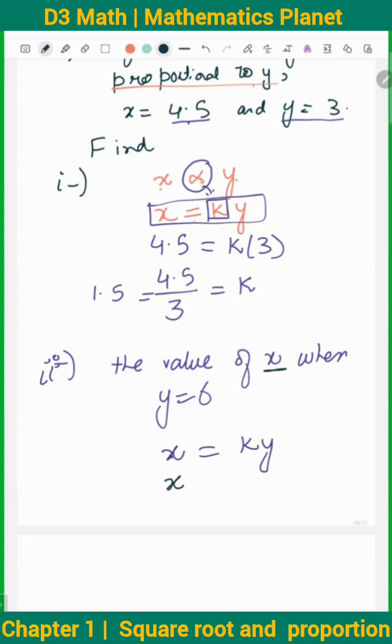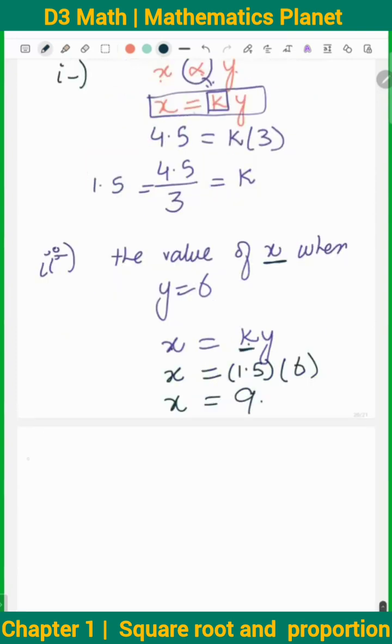What is the value of k? 1.5 multiplied by 6. What will you get? 9. Very good.